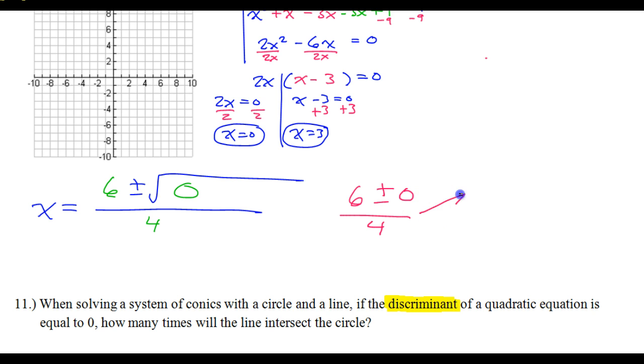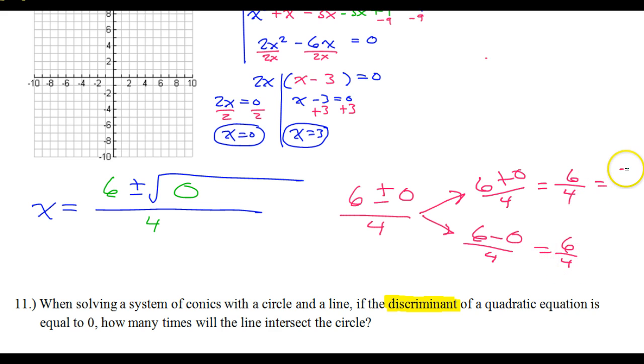Does this really give me two different solutions? 6 plus 0 over 4, 6 minus 0 over 4. Is this really going to be two different things? No, because 0, we would just erase it. So either way, we're looking at 6 over 4, which simplifies down to 3 over 2. But this is not two solutions. It's just 3 over 2.